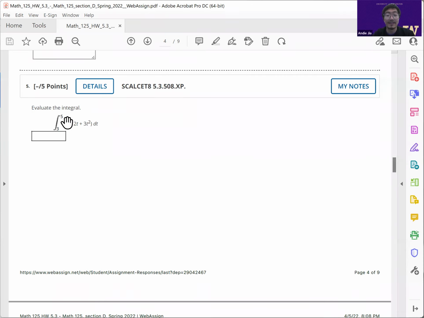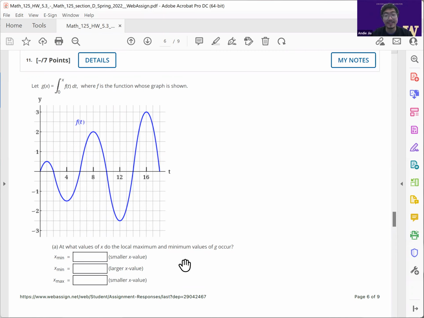If the first derivative changes from negative to positive, then the local minimum occurs. And then that's just read from the graph here. So the local maximum occurs at x equal to 1 and 8, and the local minimum at 4 and 12. For 6, this is the absolute maximum.